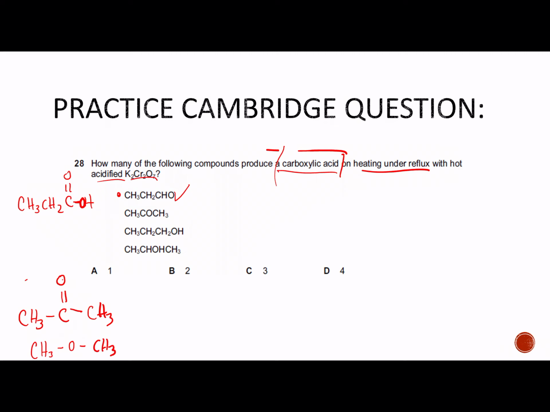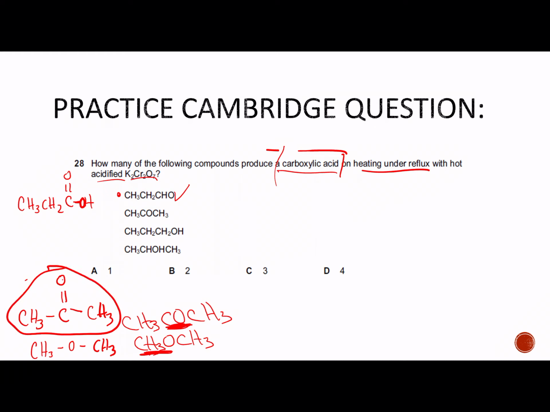An ester looks like CH3OCH3, whereas a ketone is CH3COCH3. So if I see a C with an O right next to it, where I don't there, I do have a ketone. So this is a ketone. Ketones can't be oxidized any farther because I can't add oxygens onto this carbon anywhere. So no. The next one is a primary alcohol.